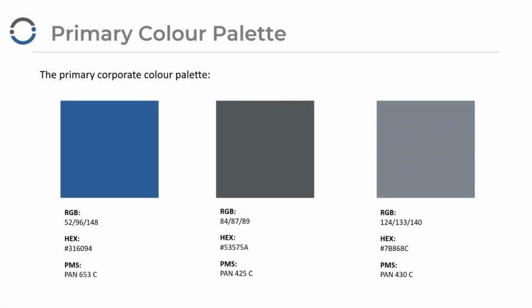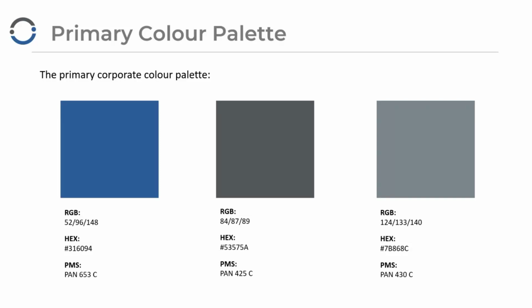Don't go picking colors by random and figuring things out. Go to your marketing department, ask them for the primary color palette, or go to your website and there's a little tool in there. You can go into the developer tools and look at various colors that are used on your organization's website. Just go grab the color and use it from there.